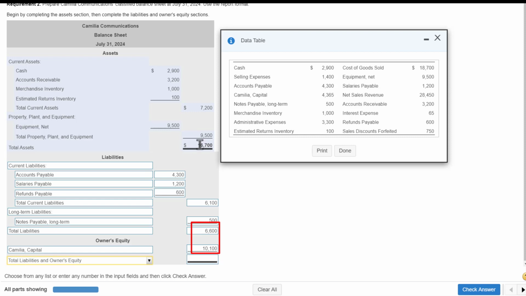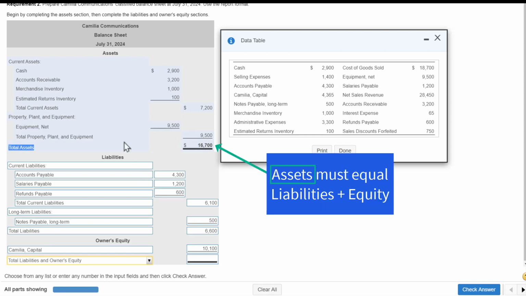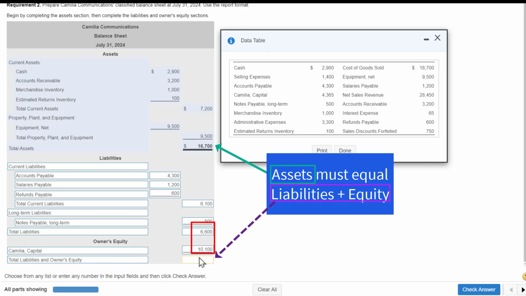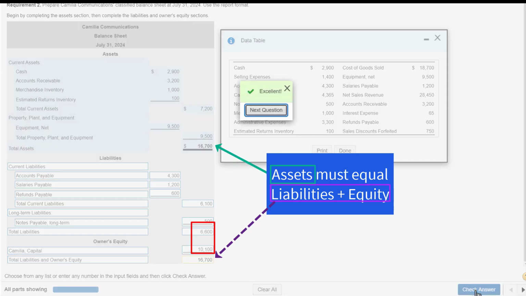The accounting equation is total assets, right here, which is 16,700, has to equal liabilities plus equity. So we add these two up, 6,600 plus 10,100, and hope and pray that they equal this, because they have to. If they don't, then you've done something wrong. 6,600 plus 10,100 gives us 16,700. So always double check: do total assets equal liabilities plus equity? And they do. And that's it.